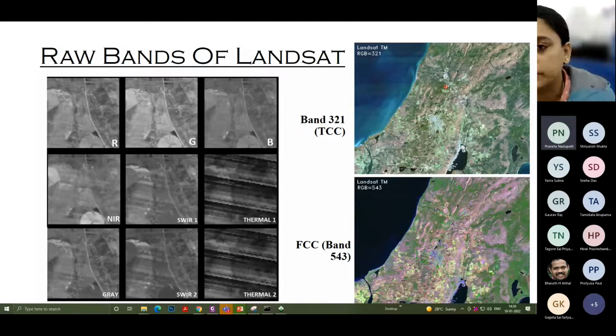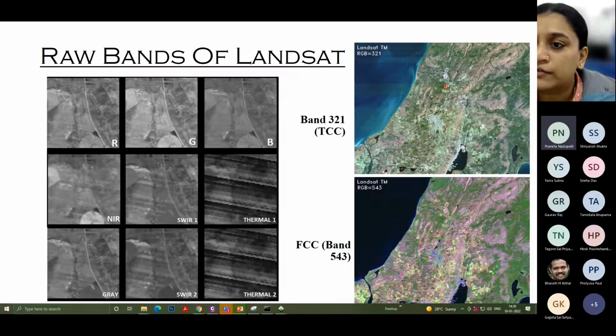Okay. This will be very important for you because what you will be working on is land use extraction. There your main features of extraction would be land use, water, vegetation. So you will have to select the bands carefully based on your application. That is very important.